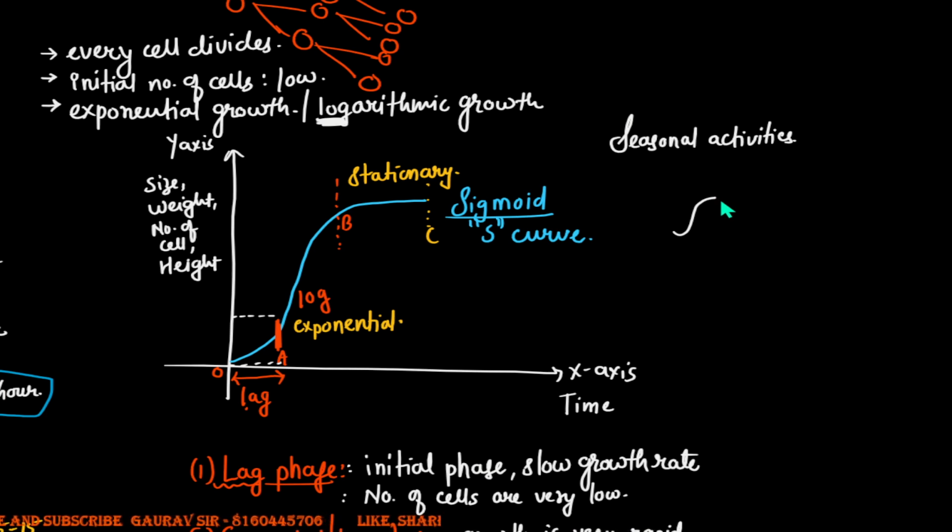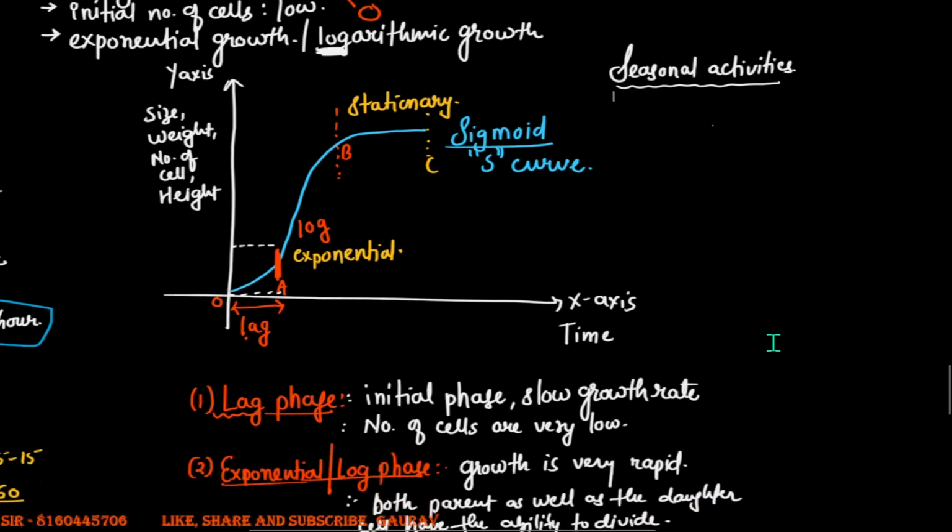It will stop for a certain period of time, and after that they'll grow again. This will stop, then they'll grow, and then stop. So basically, what we find in seasonal plants is that they do not show this S type of movement. They do not show a sigmoid movement.